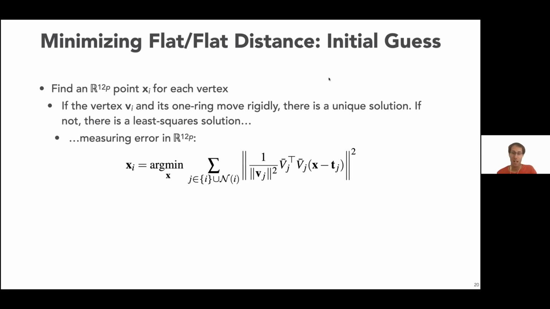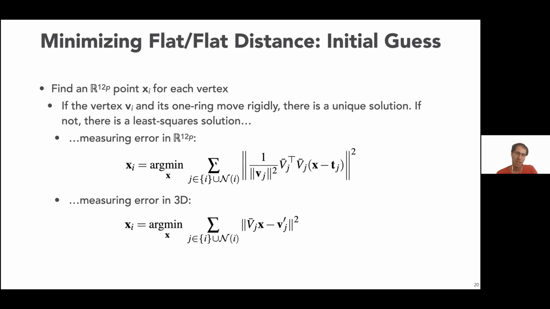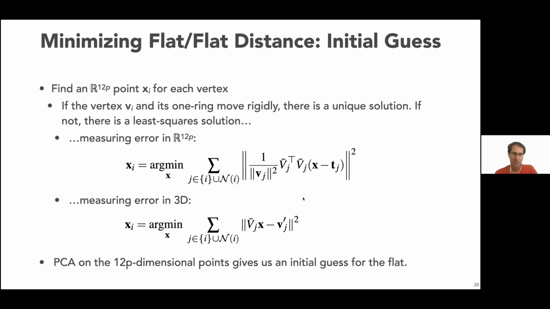This is the expression for a transformation matrix which minimizes the error when applied to a vertex and its one ring. And we can measure the error in 3D or in this 12p dimensions. Measuring it in 3D is the error that we see, so that's also fine. The difference is small. And we estimate this error for all of the vertices.